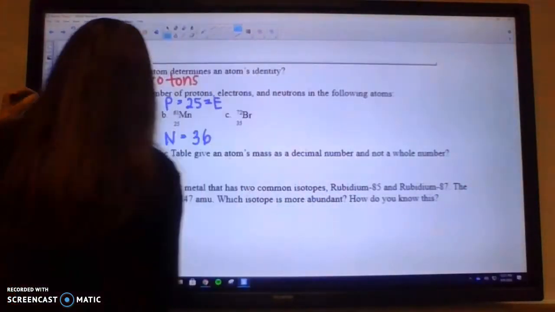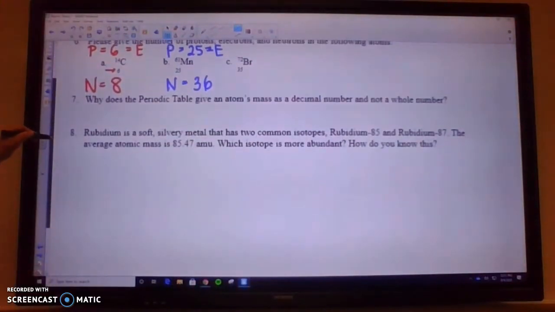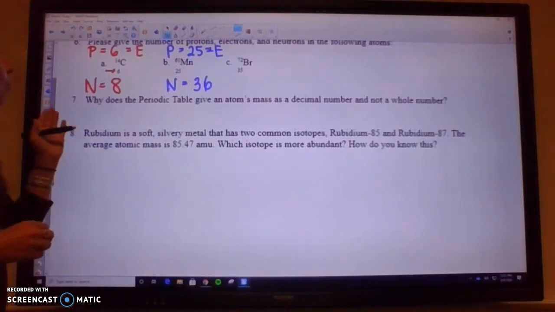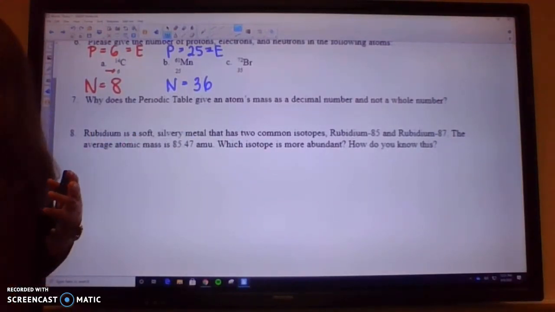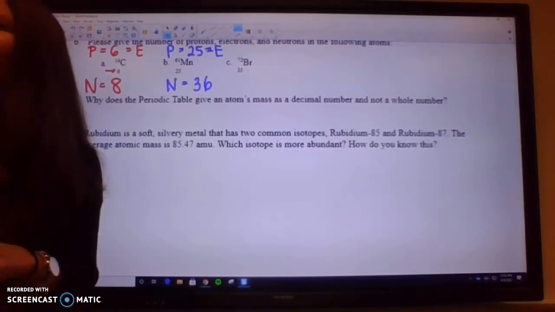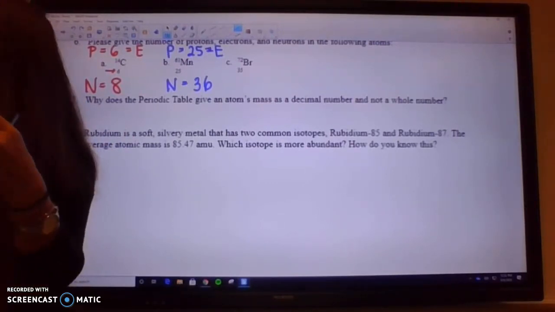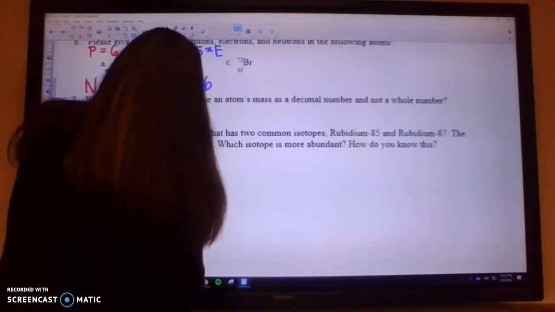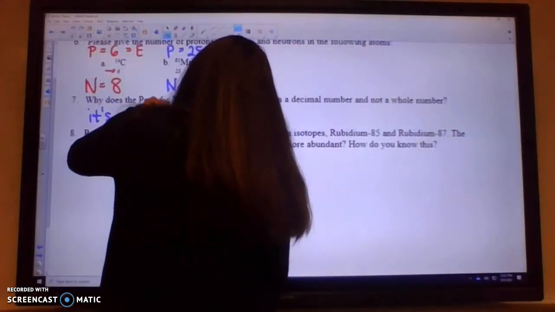Okay? So number 7, this is an exact question on your test. Word for word. Why does the periodic table give an atom's mass as a decimal and not a whole number? You can't have partial protons and partial neutrons, so how did that point something get in there? Well, I will take off 1 point if you don't write weighted.